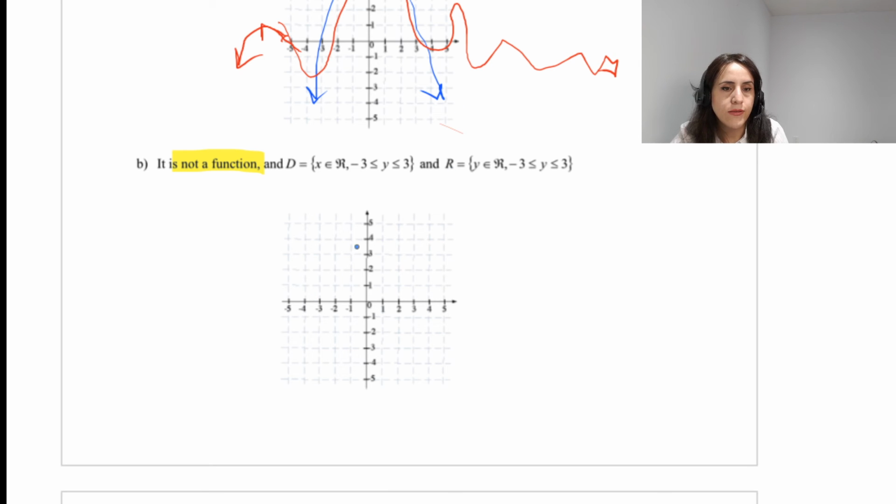Let's see what you did. Here I want something with x between -3 and 3, and y between -3 and 3.